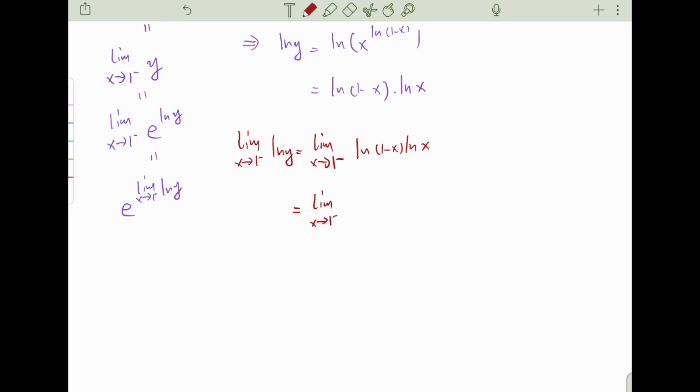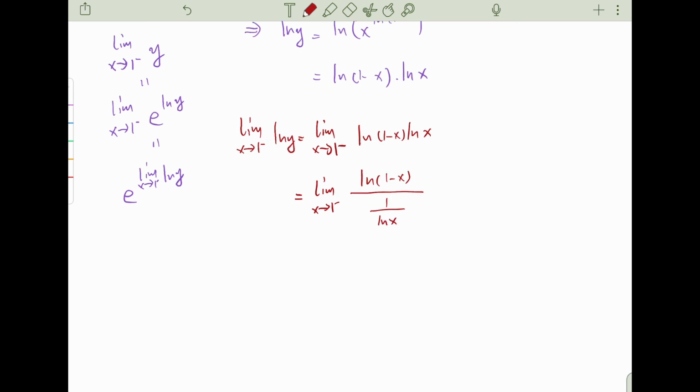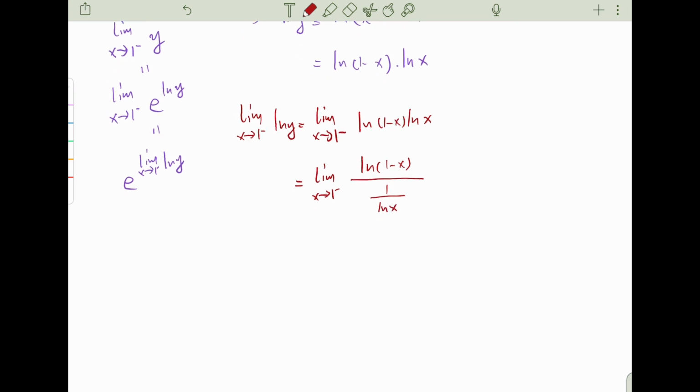So it becomes ln 1 over x divided by the reciprocal of ln x. Now it's a fraction, technically. But in order to apply L'Hopital's rule, we need to make sure that the limit of this fraction is of some type. When we plug in 1 into the numerator, we see that it's ln 0, so it's infinity.